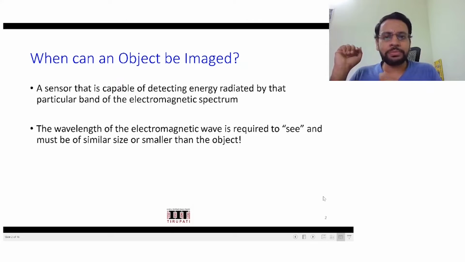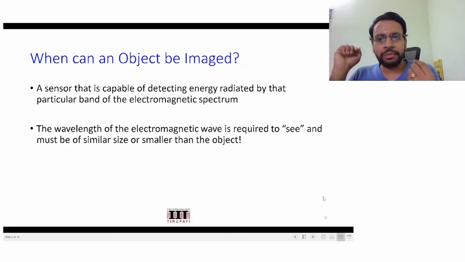Say for example, if we are using visible light to get an image of the object, we should have a sensor that detects the intensity of the visible light. The second aspect is the wavelength of the electromagnetic wave should be compatible to see your object of interest.